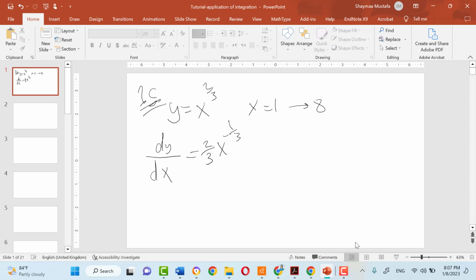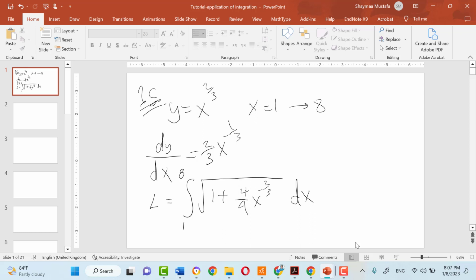So you have L is equal to the integration from 1 until 8 of the square root of 1 plus dy over dx squared, which is 4 over 9 x to the power minus 2 over 3, dx.